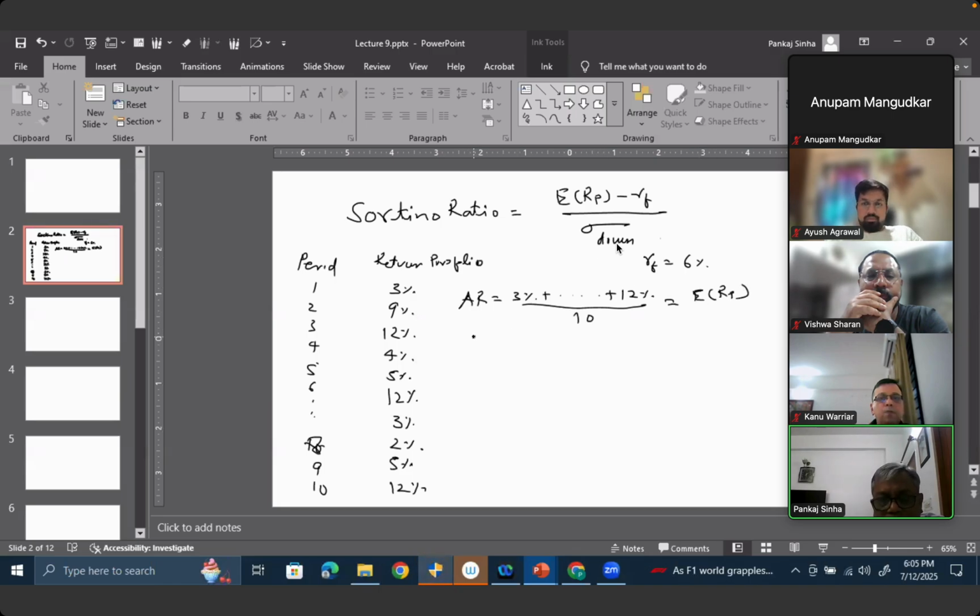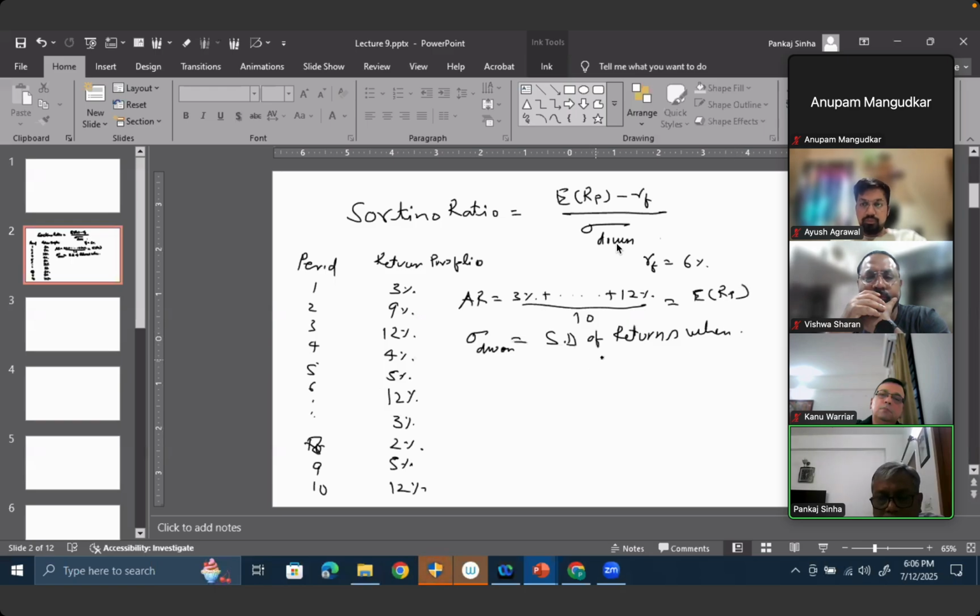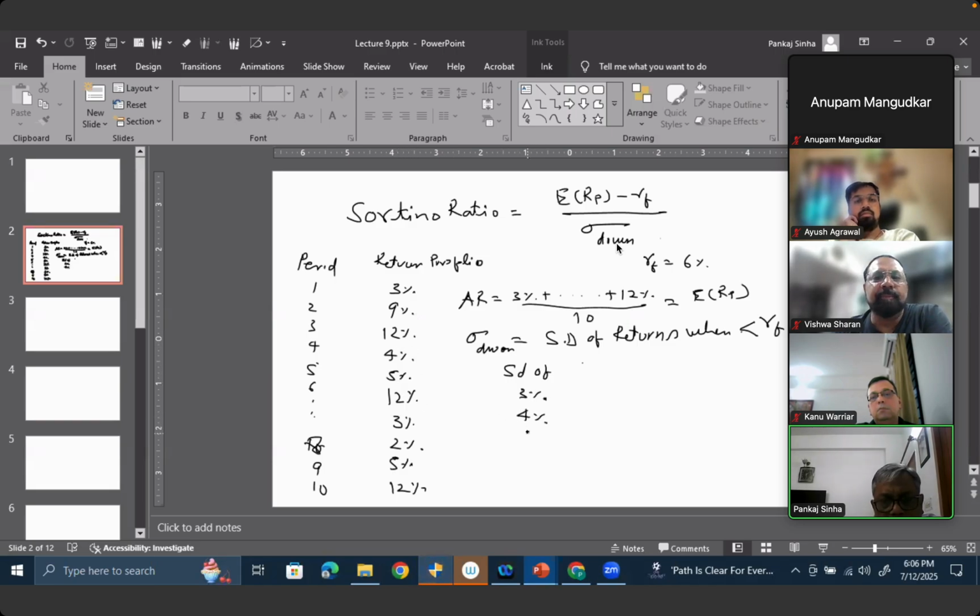But sigma down is equal to the SD of returns when less than RF. So I have to calculate 3%, then 4%, then 5%, then 3%, then 2%, and 5%.